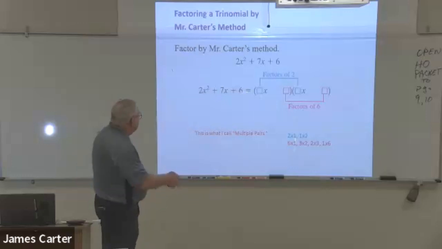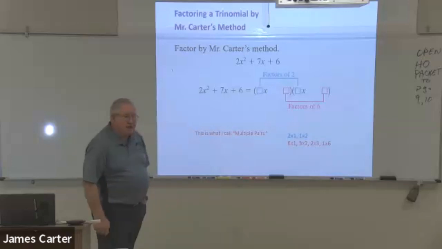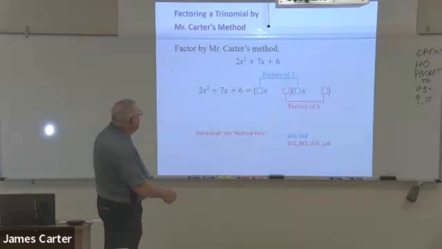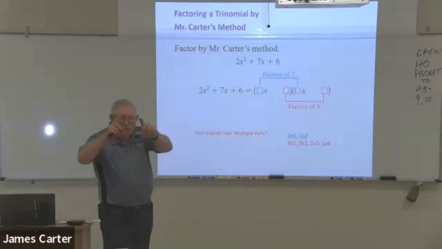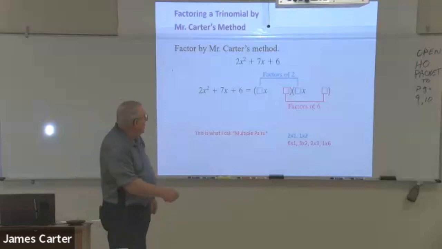The multiple pairs of that are 6 times 1, 3 times 2, 2 times 3, 1 times 6. Those are the only possible sets of numbers that could go here and here and here and here. Those factors of 6 are the only numbers that can go in those two places in your pairs.